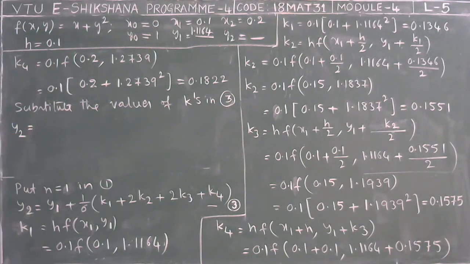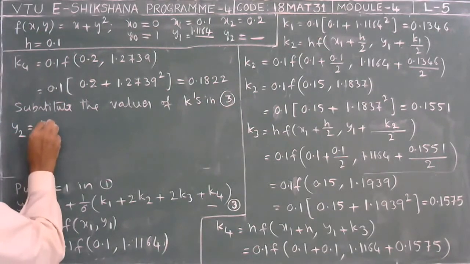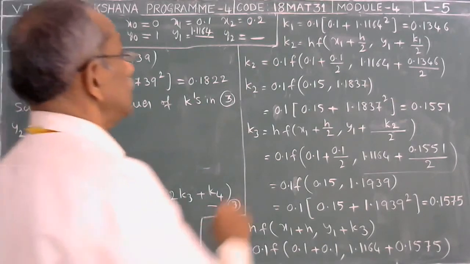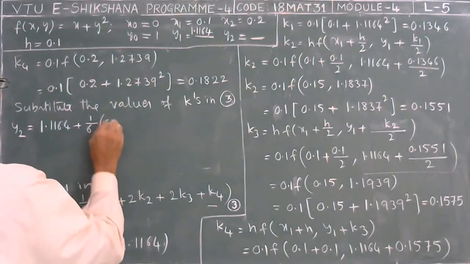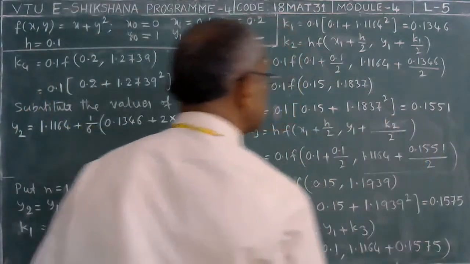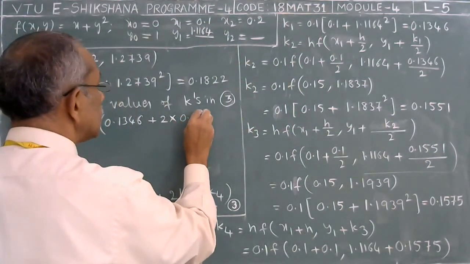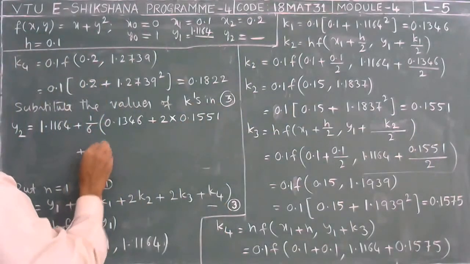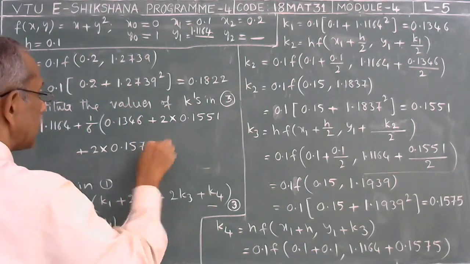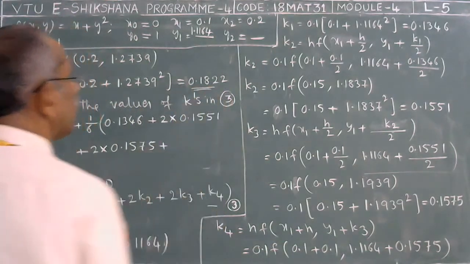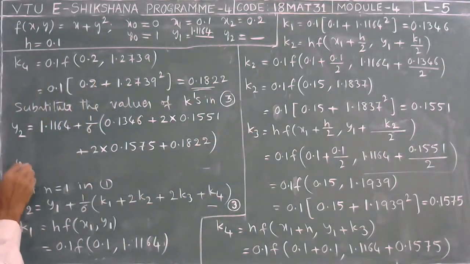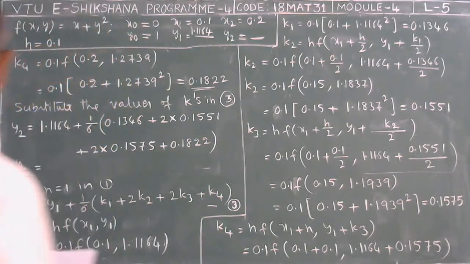You get the value of y at x is equal to x2, as y2 is equal to y1, y1 is 1.1164, plus 1 divided by 6 into k1, k1 is 0.1346, plus 2 into k2, k2 is 0.1551, plus 2 into k3, k3 is 0.1575, plus k4. k4 is 0.18 double. Okay.